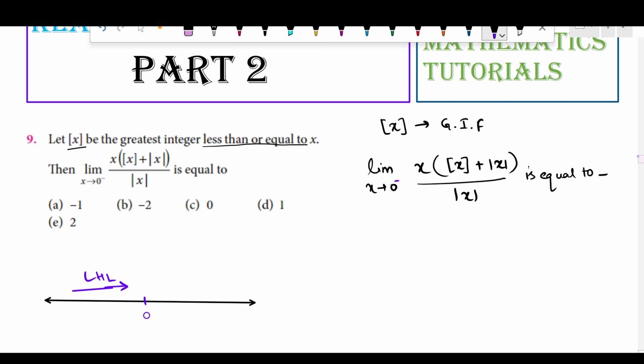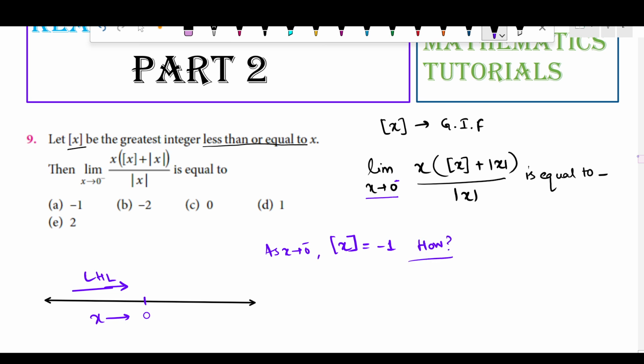So this x is approaching towards 0 from the left hand side, right? Now see, as x approaches 0 minus, your greatest integer function will be equal to minus 1.